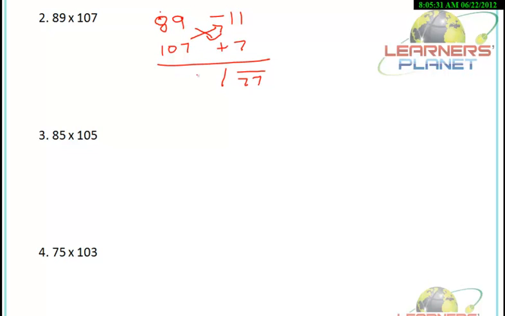In both cases, we will get 96. In the next step, we'll deduct 1 from this, and this we will deduct from 100. So 100 minus 77 is 23. So it is 9523. So the final answer to the problem is 9523. Isn't it very simple, friends?